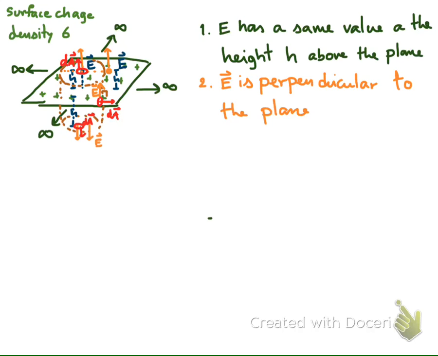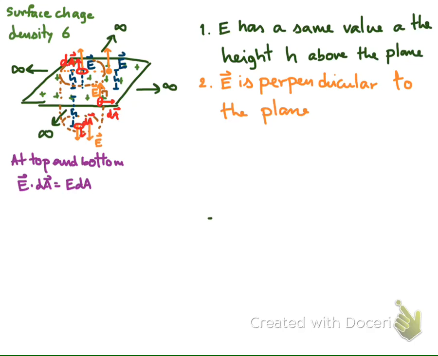So it means that on the top and bottom surface, we have that E dot dA is equal to E dA.